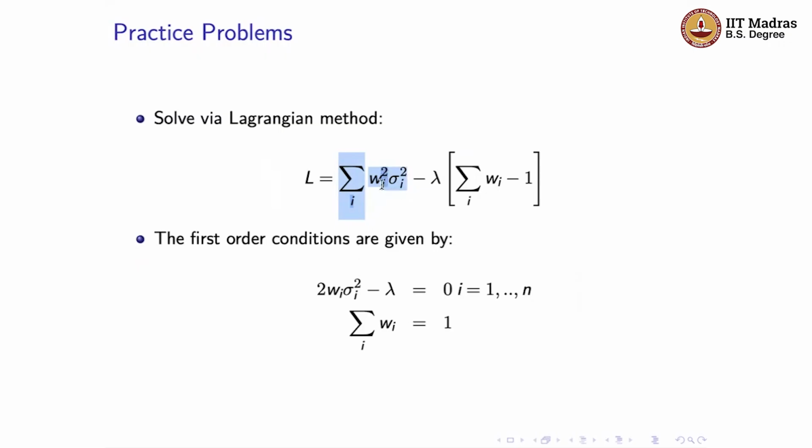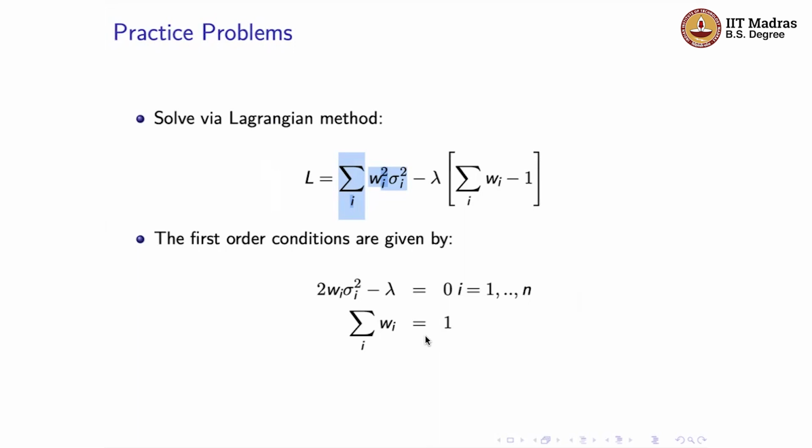So you end up getting 2 Wi sigma i squared, and from here we get minus lambda, that's equal to 0. That's the condition for i, and you are going to have n such conditions. Finally, if you take the derivative with respect to lambda and set it equal to 0, you end up getting that the summation over i of Wi is equal to 1. So n plus 1 equations in n plus 1 unknowns.